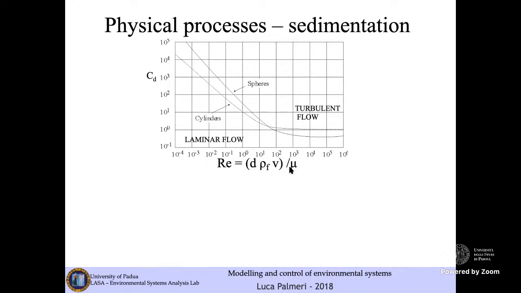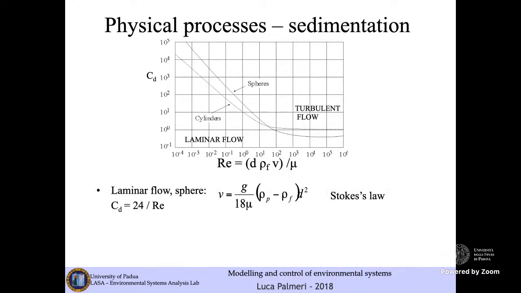We hide this dependence, and in conditions of laminar flow and spherical particle, we may simplify the relationship between the drag coefficient and the Reynolds number. In this way, we may write that the drag coefficient in condition of laminar flow and spherical particle is equal to 24 divided by the Reynolds number.